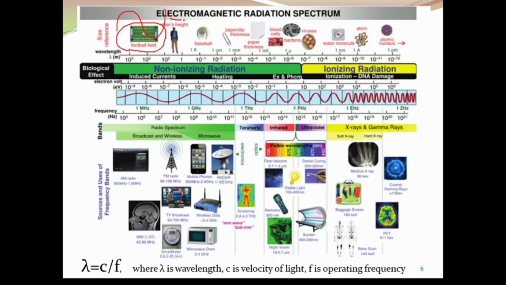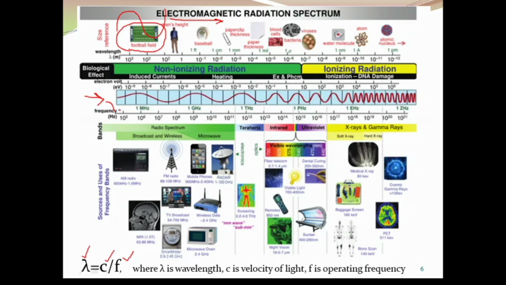When moving in this direction, the wavelength becomes narrow and very small, while the frequency range here is very low. So both are inversely proportional. If lambda increases, f decreases, right? Lambda equals c by f, where c is the velocity of light in free space. In free space, the velocity of light is equal to the velocity of the electromagnetic spectrum.